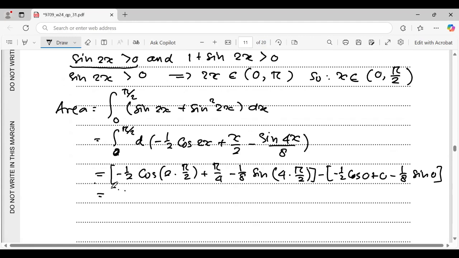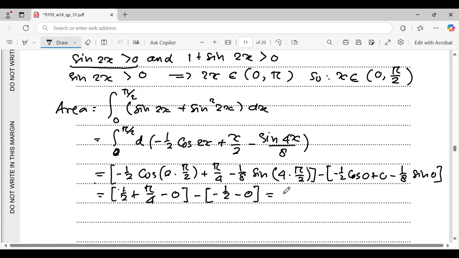The result is 1 half plus pi quarter, minus 0, minus 0. Cos 0 is 1, so minus 1/2 times 1, and sin 0 equals 0.